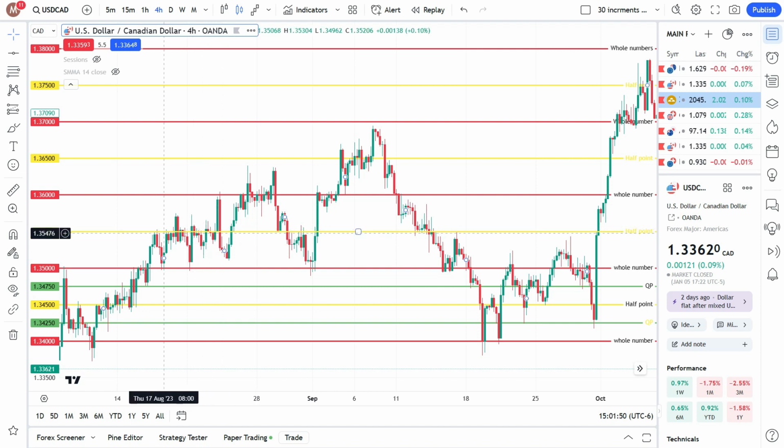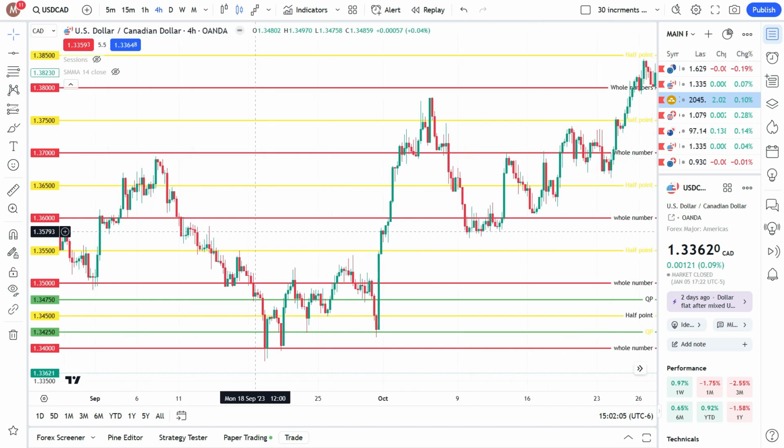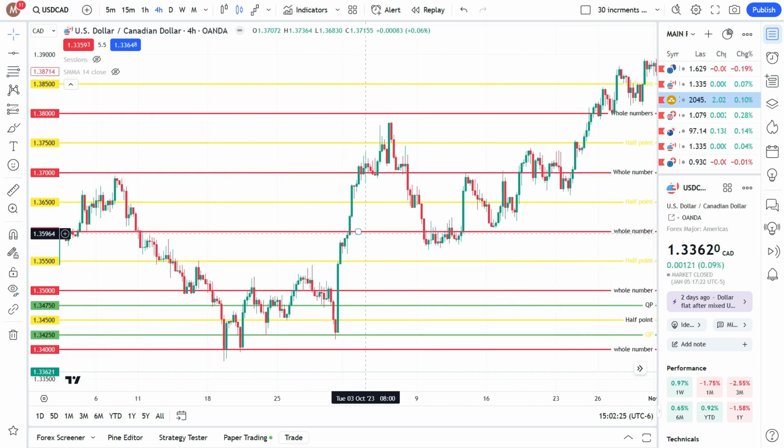It took a while for it to even close above. And with whole numbers, you can try to expect reversals or continuations. But that's what whole numbers and half points are, and that is how you find your psychological levels.